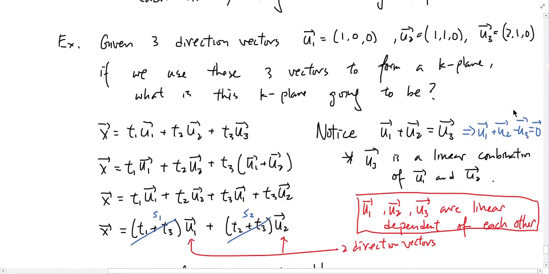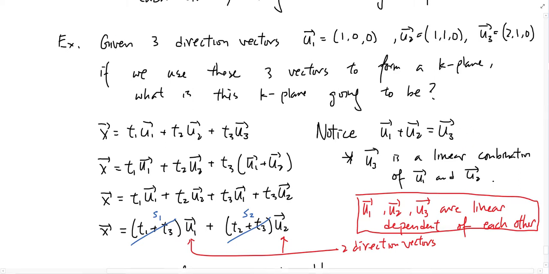Now it makes sense, because if I set up this equation where I add u1, u2, and u3 and try to get the 0 vector, I actually have a solution right here. Okay, let me just rewrite this.